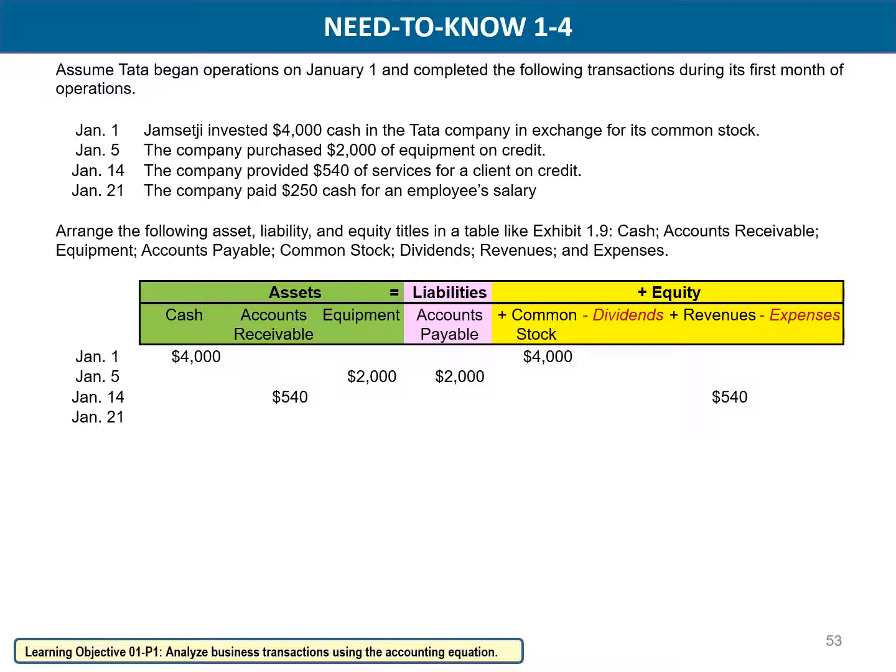Then on January 21st, the company paid $250 cash for an employee's salary. Well, what two accounts are affected? Cash and expenses. Expenses are going up, but the relationship to equity is that equity will decrease, which is why it's being presented as a negative number.